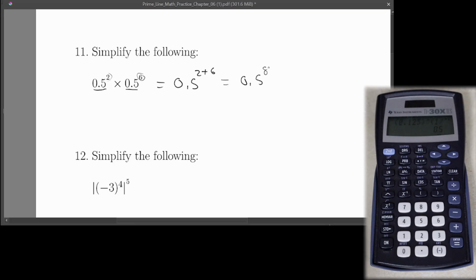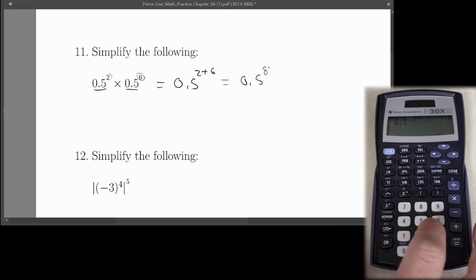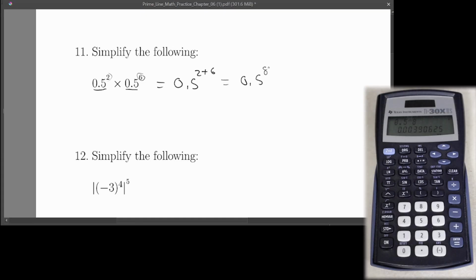And we could evaluate that. 0.5 to the 8th power, and we can get a value of 0.00390625. Our simpler answer is 0.5 to the 8th power.